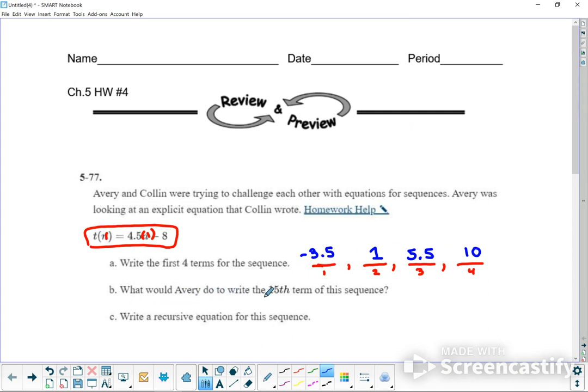What would Avery do to write the 15th term in this sequence? Easy. He just has to plug the 15 into this T of n.